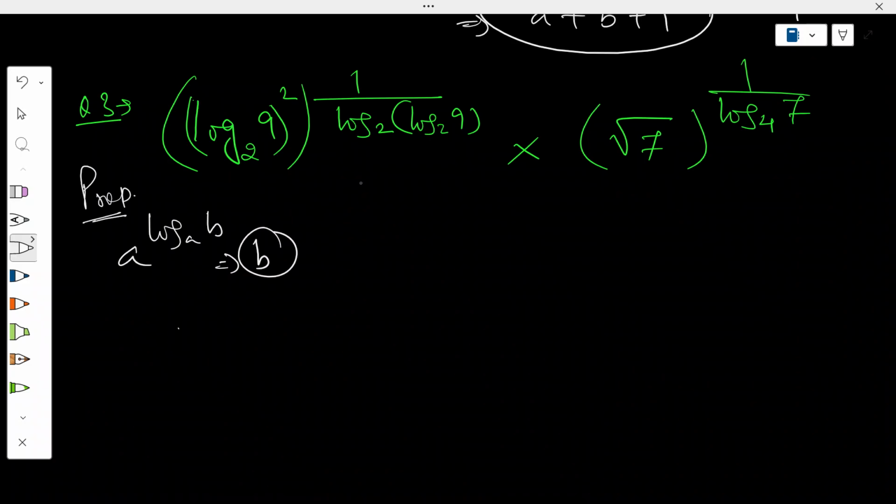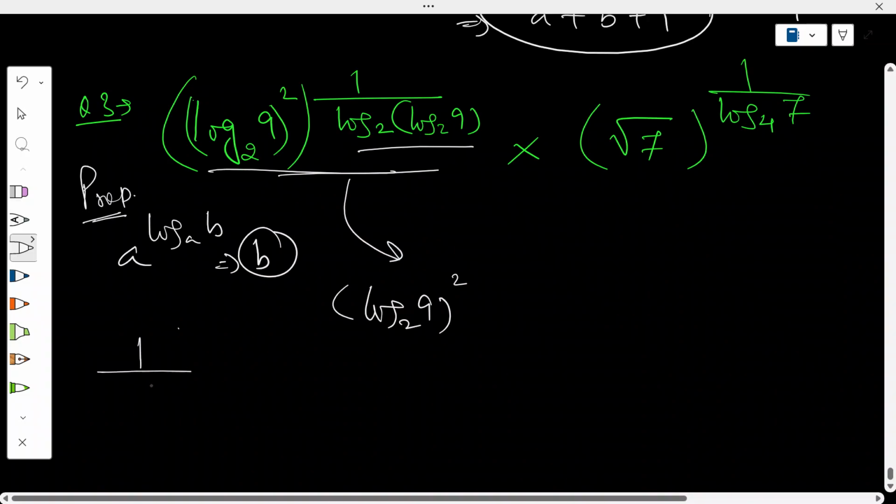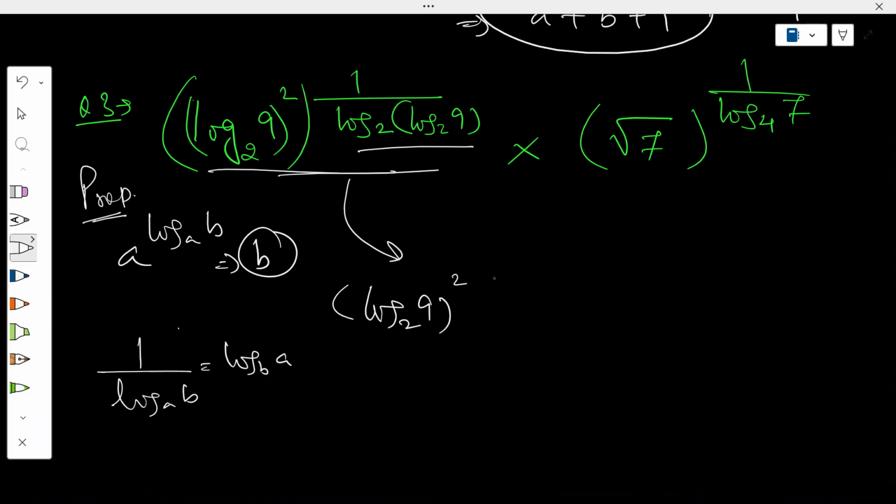If you see that here we can create the same scenario, and using this property, that log of b base a is log a base b inverse, we are using these two properties. So we can write this as log of log base 2 9. Whatever here is written will go into the base, and whatever here is written, base will change to number and number will change to base. This will be same as this.